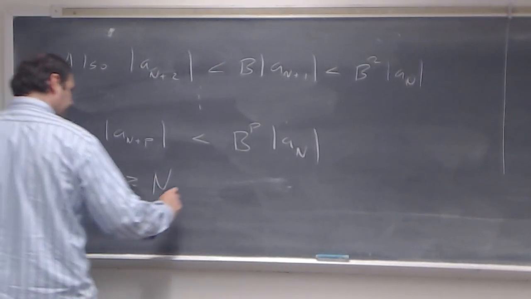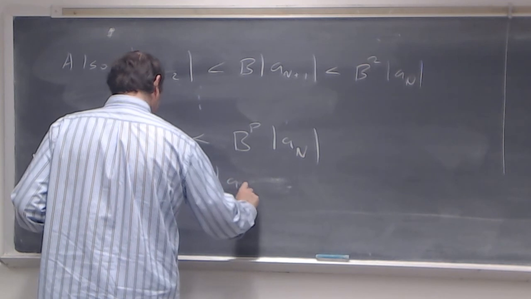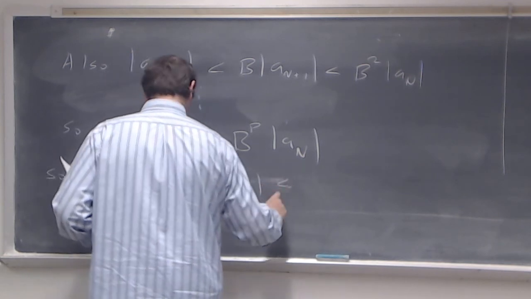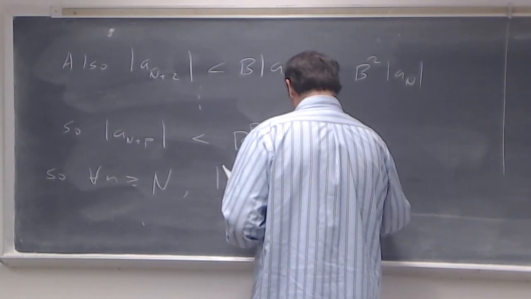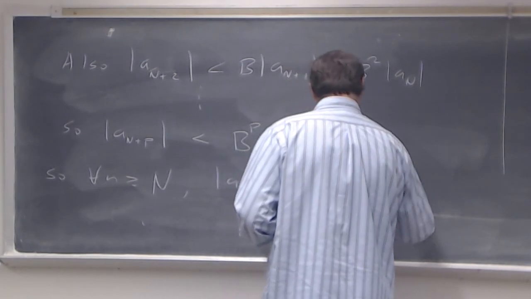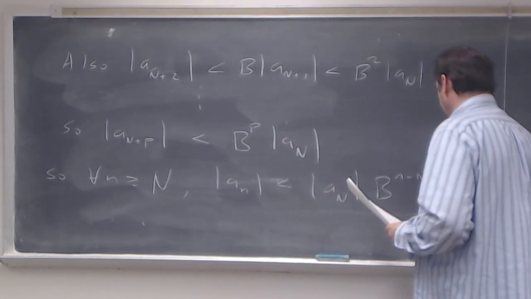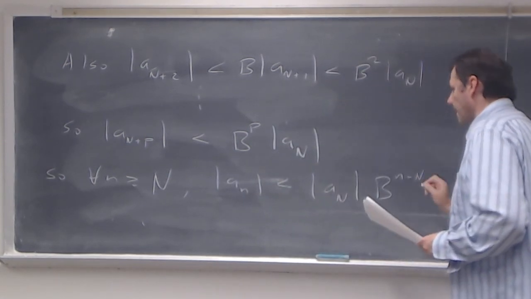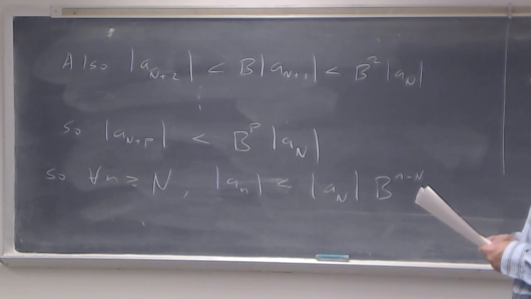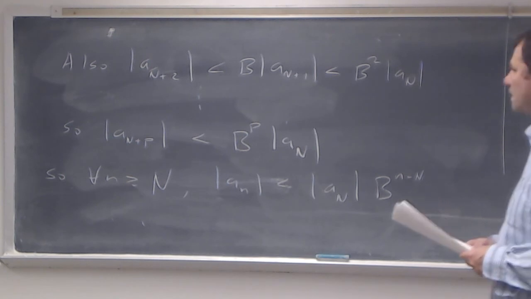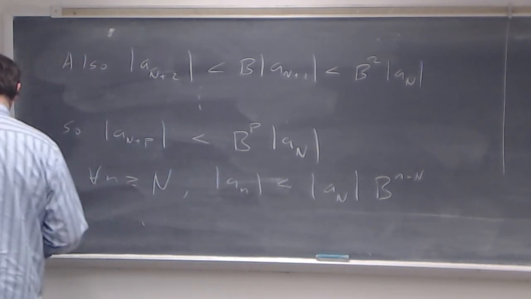So for all n bigger than or equal to this big N, what we have is that a sub n is going to be less than a sub big N times b to the little n minus big N. That's from the previous work we just had.